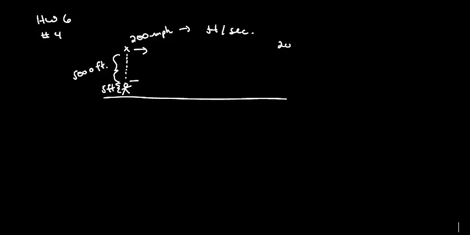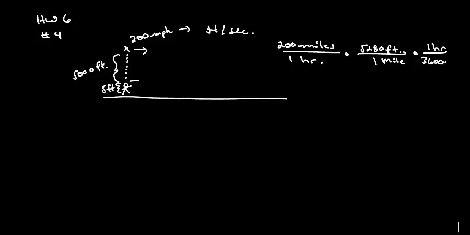So 200 miles in 1 hour, I'm going to have to multiply to get that from miles into feet. I need another conversion there, so 5,280. And then I'll need to multiply that by 1 hour versus 3,600 seconds.